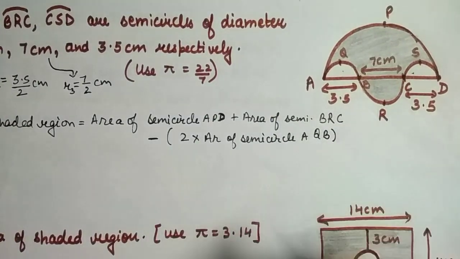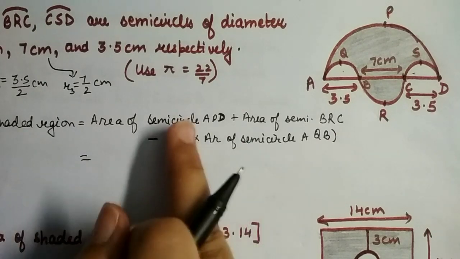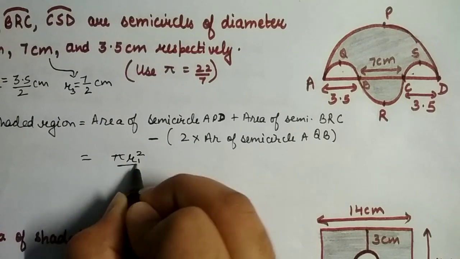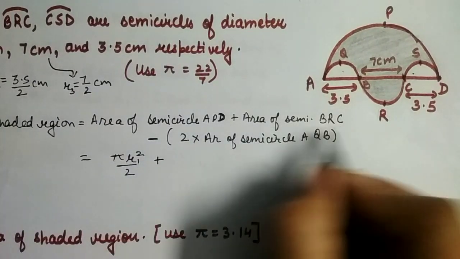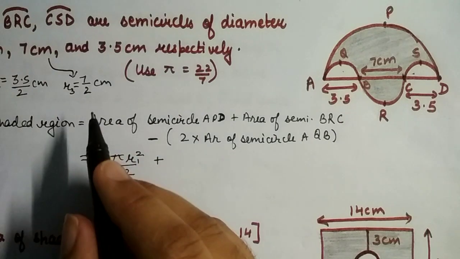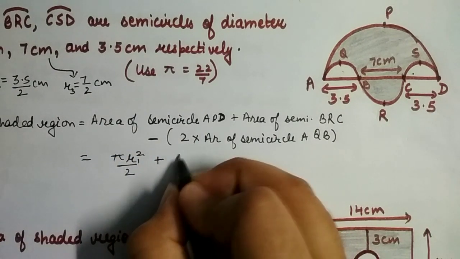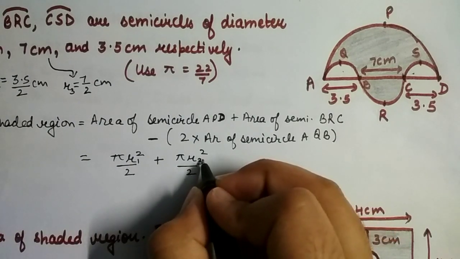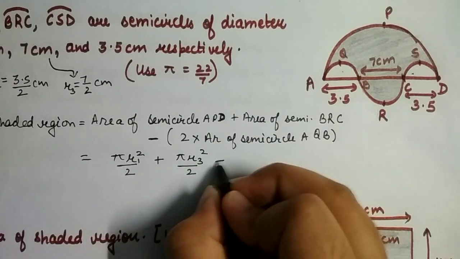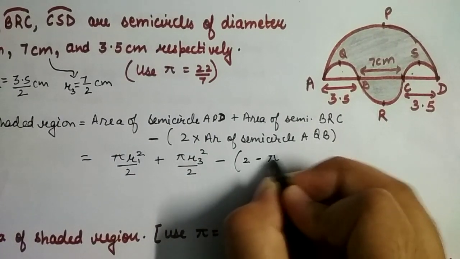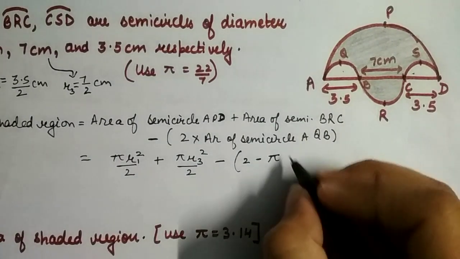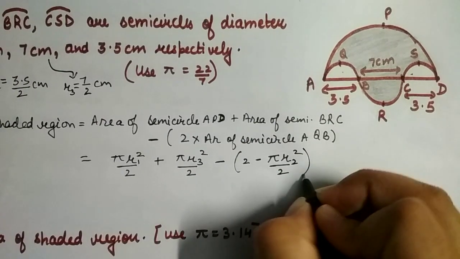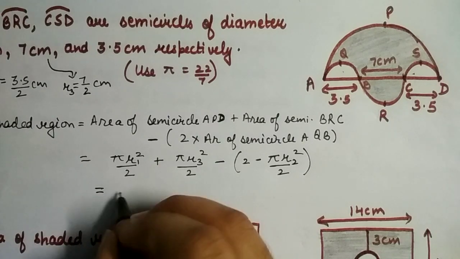So the area of semicircle APD is pi R1 square by 2, plus the area of semicircle BRC, where the radius is R3, is pi R3 square by 2, minus 2 into the area of semicircle AQB, which is pi R2 square by 2. Now you just need to put the values and solve.